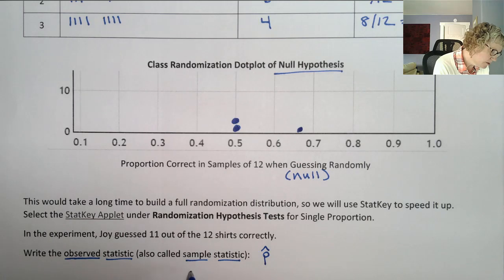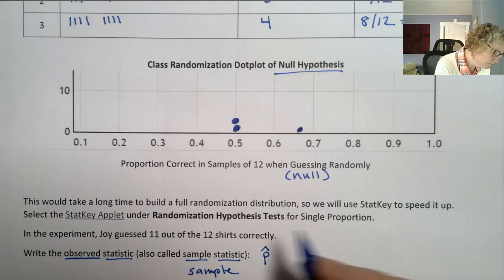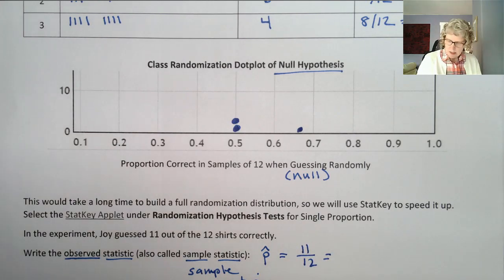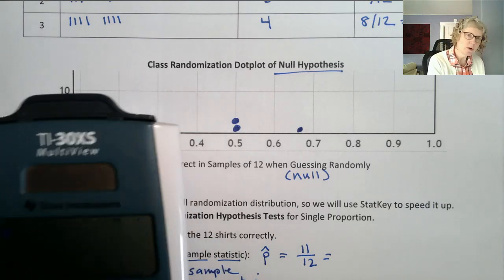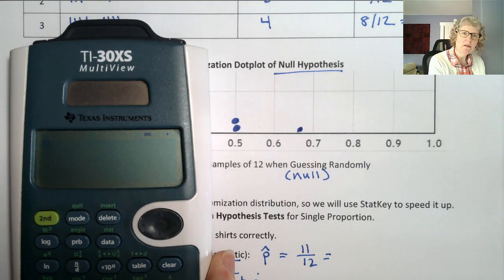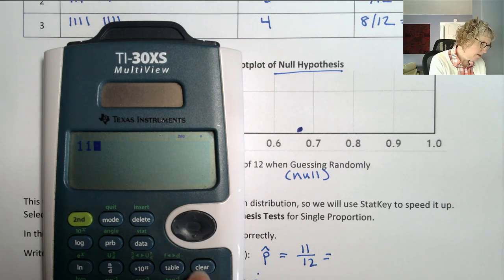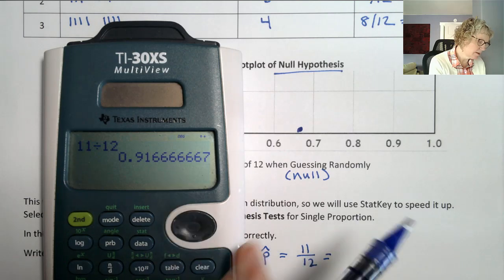So in this case, we have a sample proportion, and our p hat is 11 out of 12. And let's get a decimal, or I think StatKey will calculate that for us as well. 11 out of 12 is 0.9167.